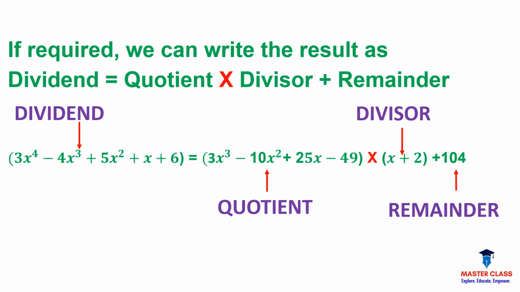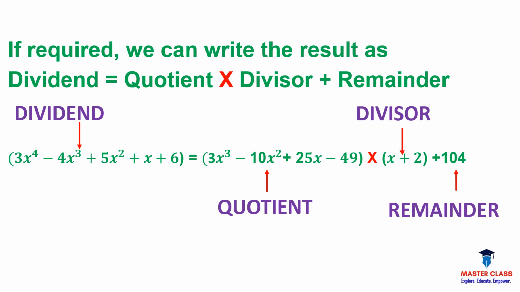We can also write our result as dividend is equal to quotient into divisor plus remainder. In this case, 3x to the power of 4 minus 4x cubed plus 5x squared plus x plus 6 is equal to 3x cubed minus 10x squared plus 25x minus 49 into x plus 2 plus 104.